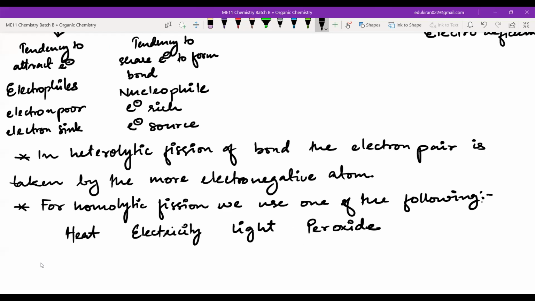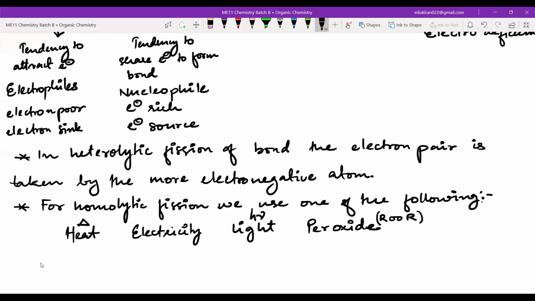Heat is shown by the delta sign, electricity is just written as electricity, light is shown by h nu, because h nu means there are some photons there, some light, electromagnetic radiation. Peroxide is generally shown as ROOR, so there will be two oxygens and two other atoms or elements or groups.